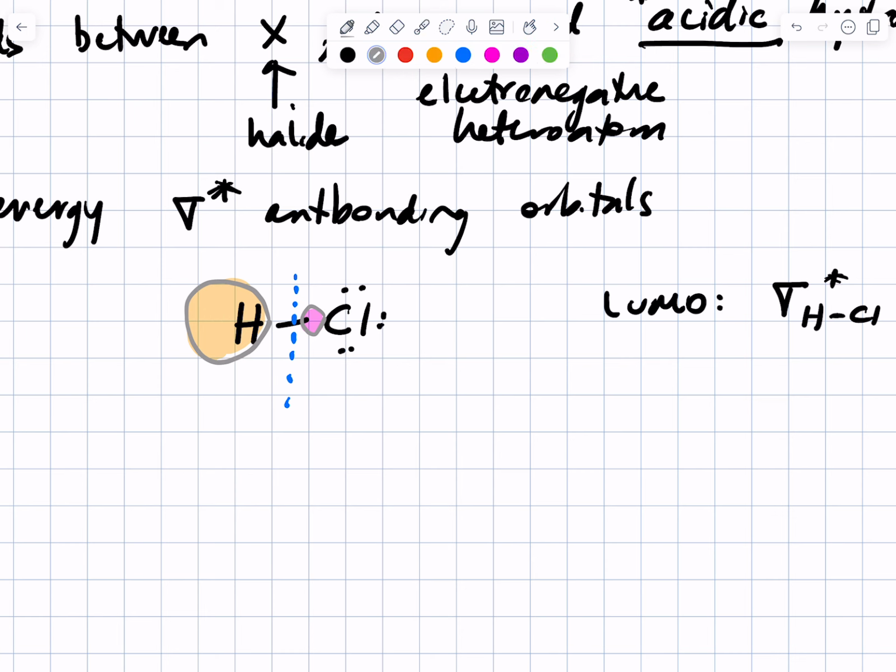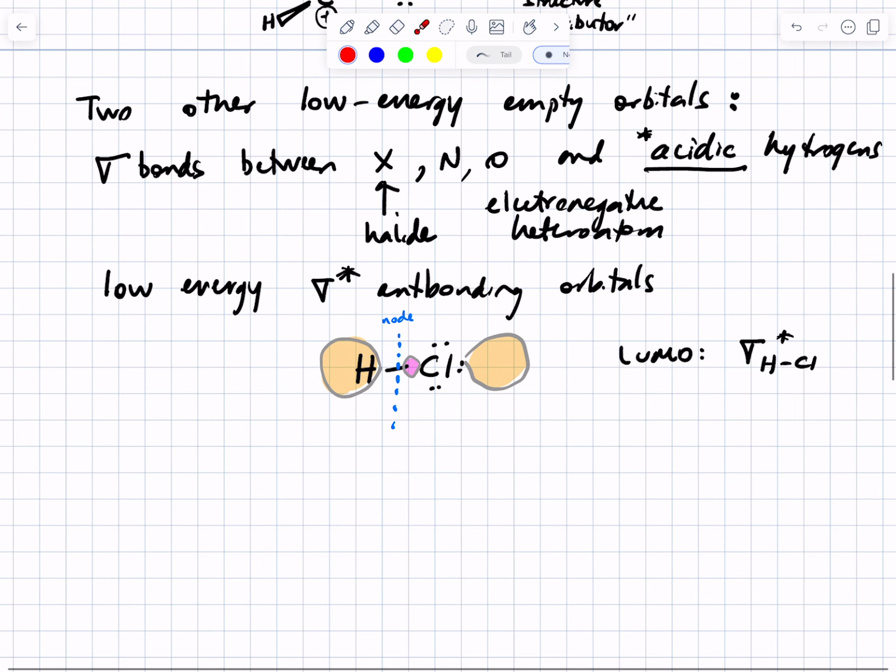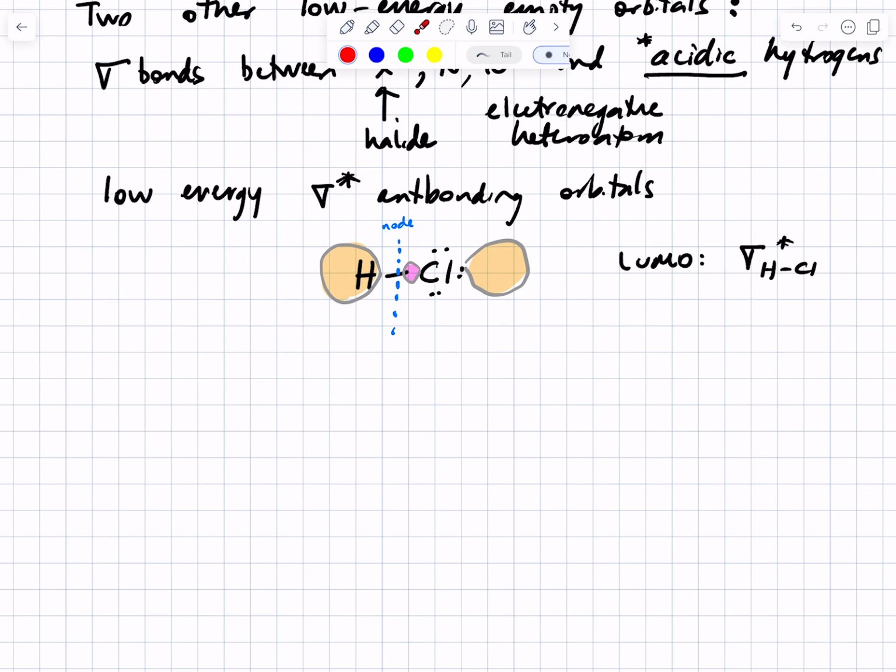This is a place where the wave function equals 0. And then on the backside of the chlorine, there's another lobe, and again, it's opposite to the pink, and you can tell that it should be because we go through a node at chlorine as well. I don't usually draw the node at chlorine. I do draw the node in between. You don't have to draw the node as long as the color is correct. This is a sigma star antibonding orbital.